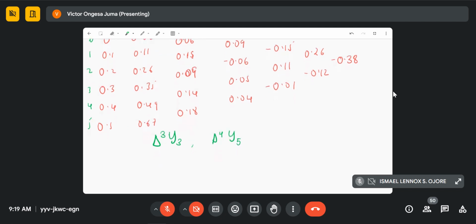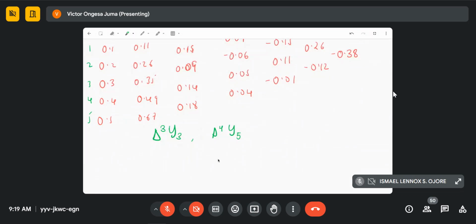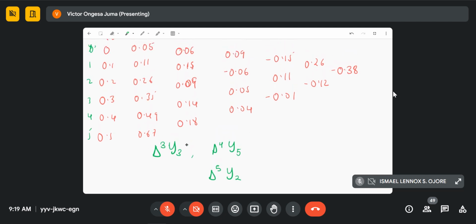So can somebody give me these values? I'm just picking values randomly. So can you tell me the answers?